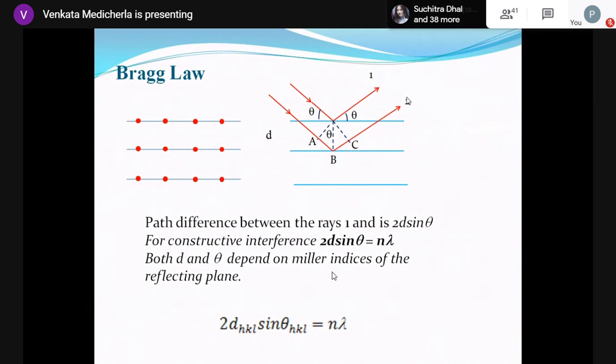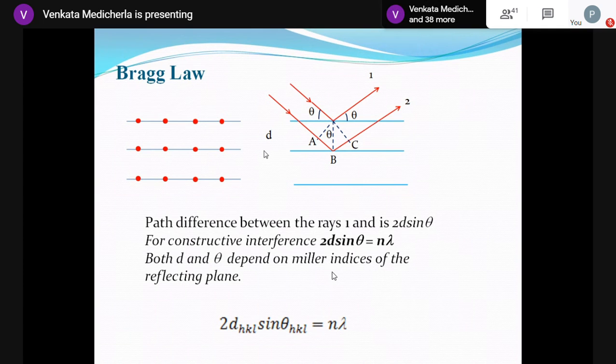But how do you get that? It's very easy. You must have derived it. Suppose you take the first ray going like this. The second ray goes down and comes up. To find the path difference between these two, ray 2 is traveling more distance compared to ray 1. How much extra path is it traveling? You can find out by dropping a perpendicular from this point to the second ray at A, and another perpendicular from this point to the reflected ray, one on the incident side and another on the reflected side.